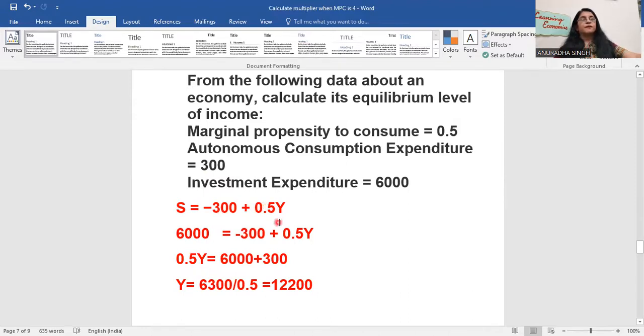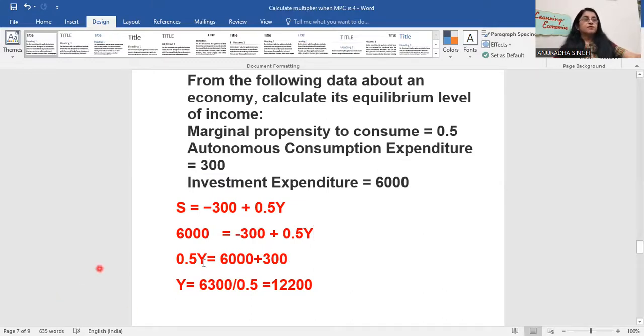So for calculating that you will take S is equal to minus 300 because autonomous consumption is given, and then MPS is also given 0.5 and Y. Now investment expenditure is given 6,000, and as you know that at the equilibrium level of income, investment is equal to saving. So instead of saving, you can take investment expenditure: 6,000 is equal to minus 300, because in the saving function we take autonomous consumption as negative, minus 300 plus 0.5y, because I told you that if MPC is 0.5, then MPS will be 0.5.